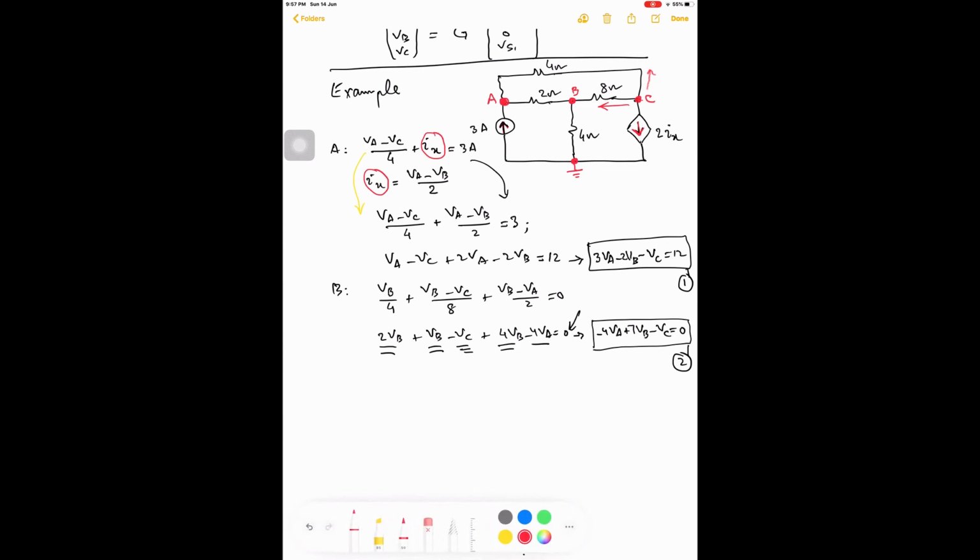Now write the equation for node C. So what is this current? This current is flowing from node C to node B. Remember, I'm saying current flowing from node C to node B. So the voltage difference is VC minus VB, and this current is flowing through the 8 ohm resistance.